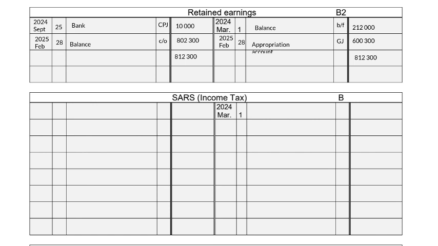So March the 1st on the credit side, we have a balance brought forward of 802,300.